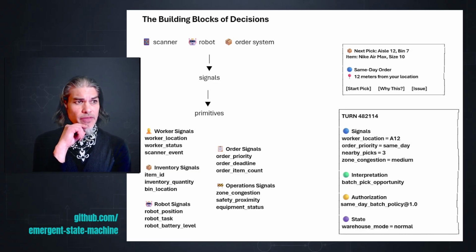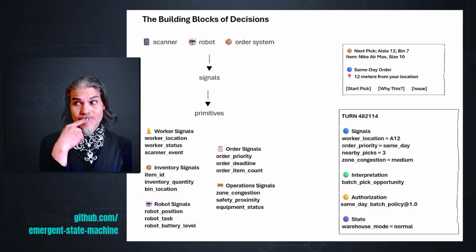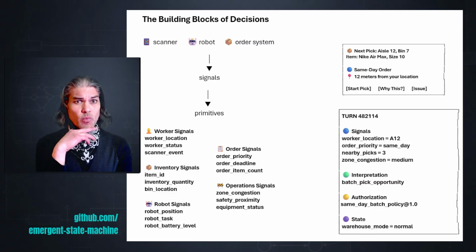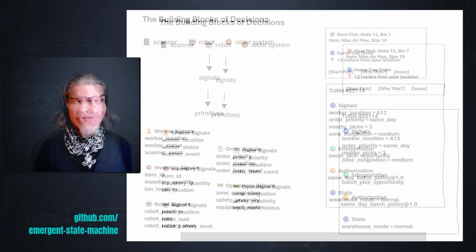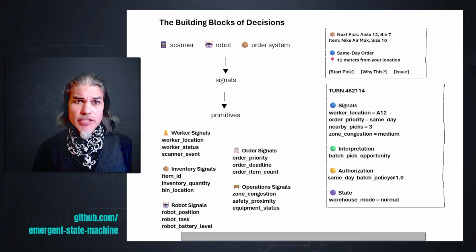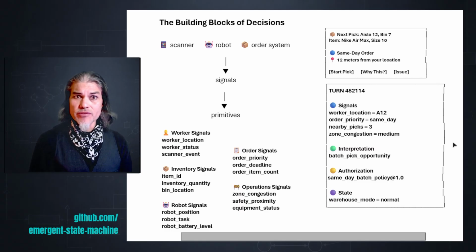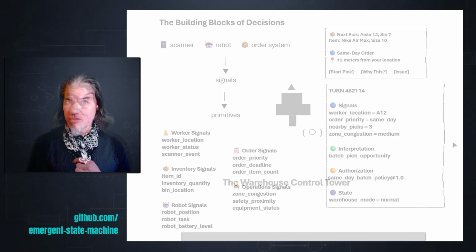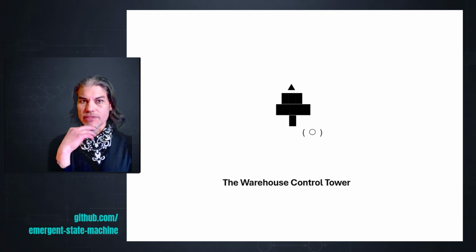We've explored how this works with one turn, but warehouses aren't making one decision at a time, they're making thousands. So the next question is, what happens when we can see all of those decisions at once? Imagine running a warehouse like a traffic control tower.